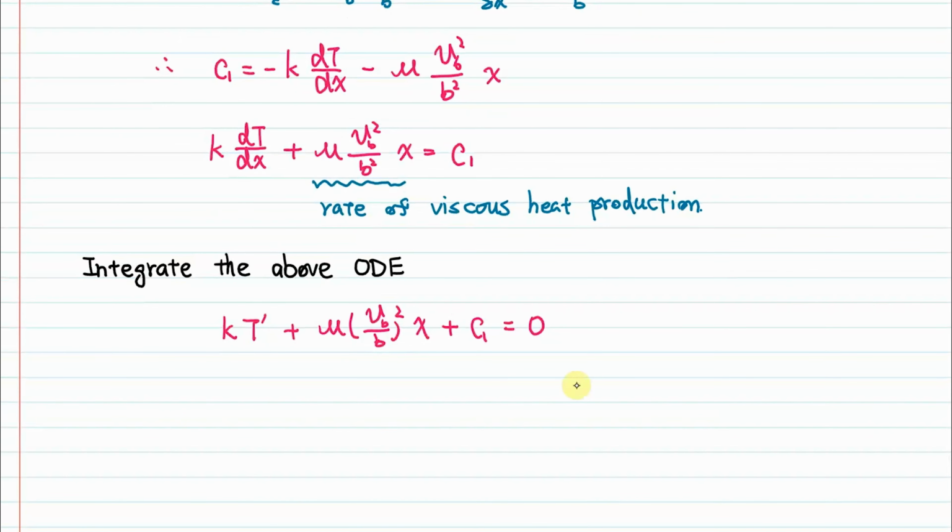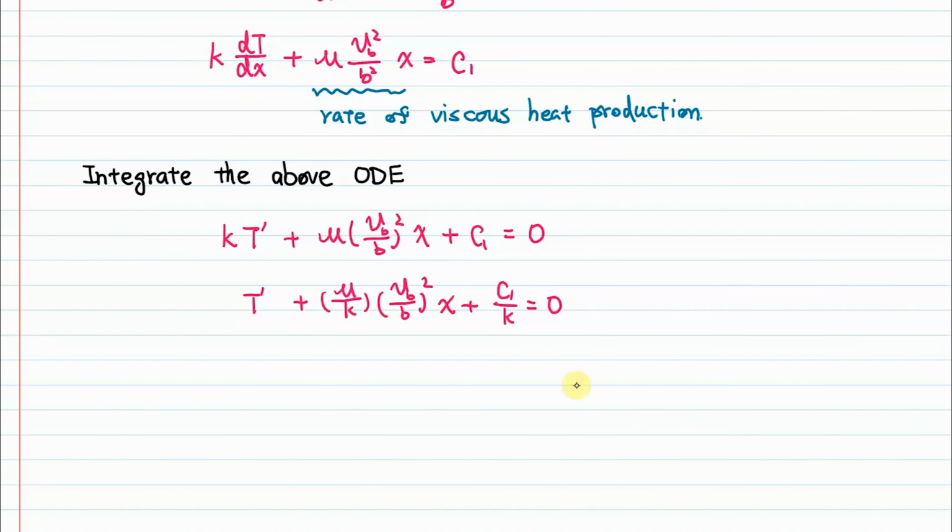We can also write this, dividing all by k, as T prime plus mu over k times vb squared over b squared x plus C1 over k equals 0. We can call this a new C1 prime, so dT dx equals negative mu over k times vb squared over b squared x minus C1 prime.